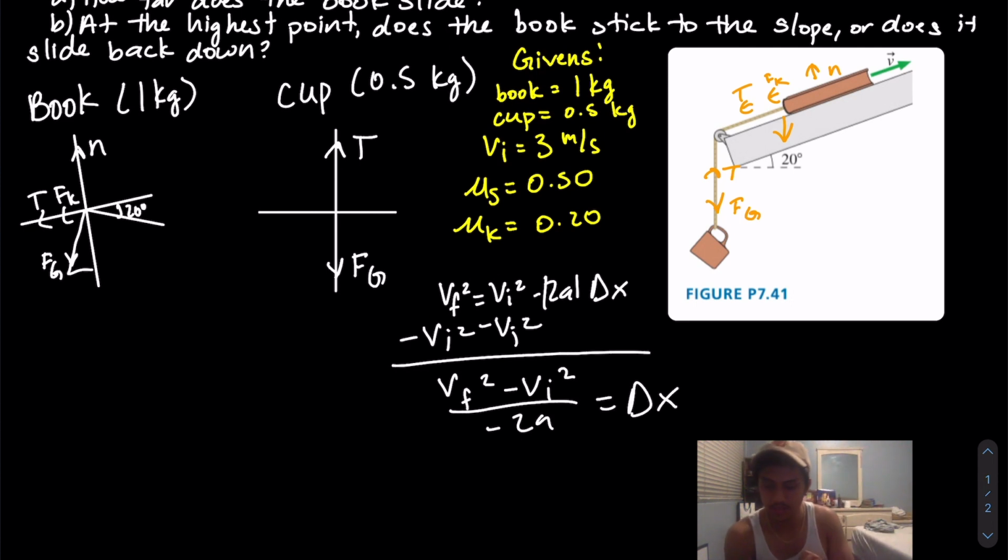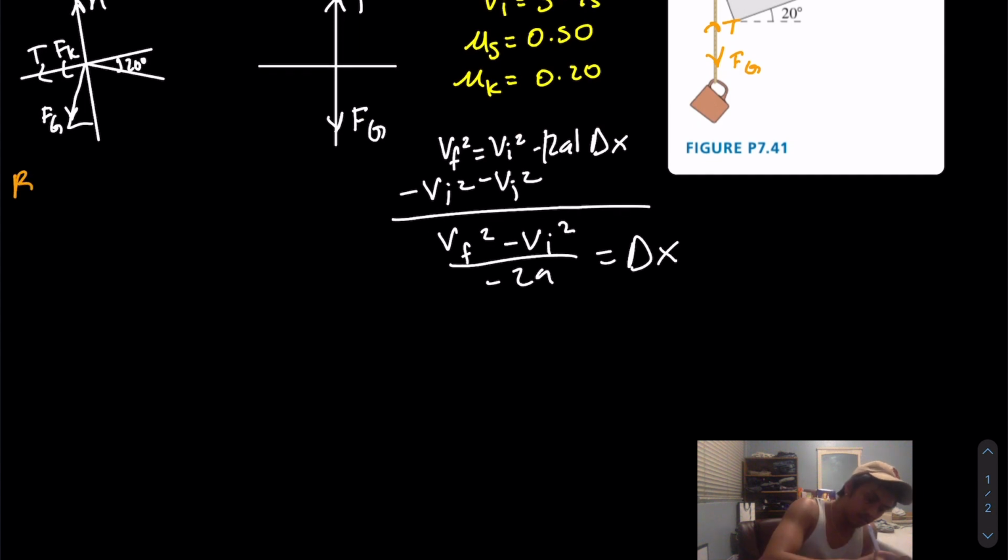So what I did was take the book and the cup and look at them separately. I took the y components for the book. The sum of the y components is ma, which equals 0.